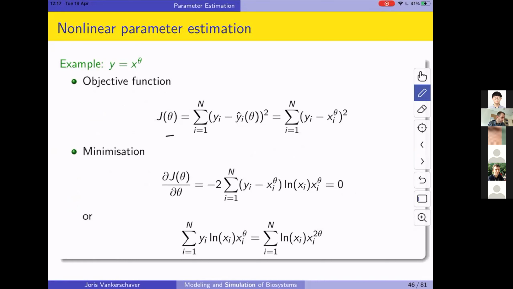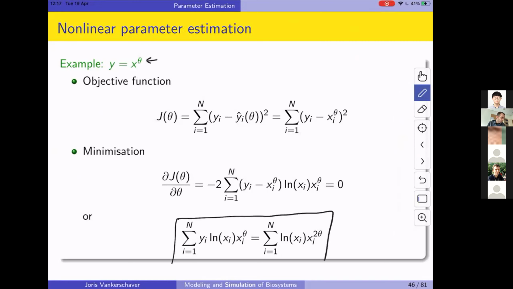So the parameter appears as a power, and the objective function is still the sum of the squares of the residuals. So you take the y values and you do minus x_i to the power theta. And so if you try to find an optimal theta value by taking the derivative with respect to theta, you get this expression, and then you can clean that up a little bit and get the expression at the bottom of the slide.